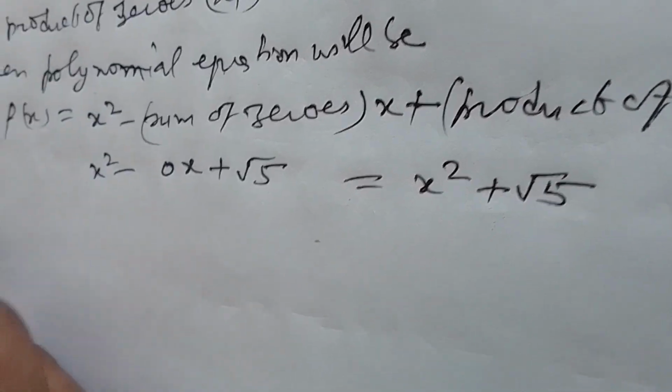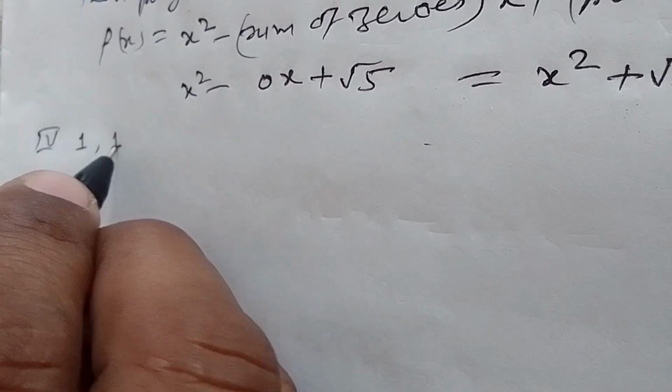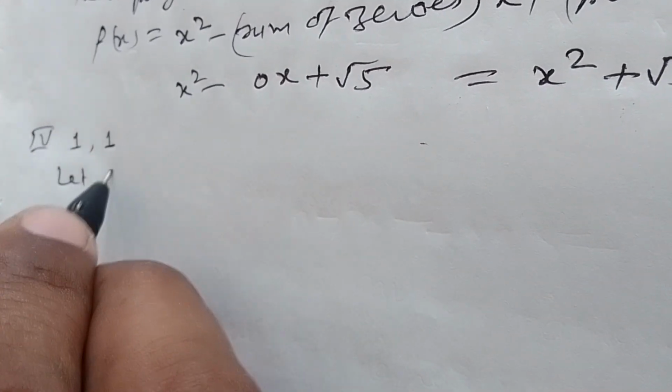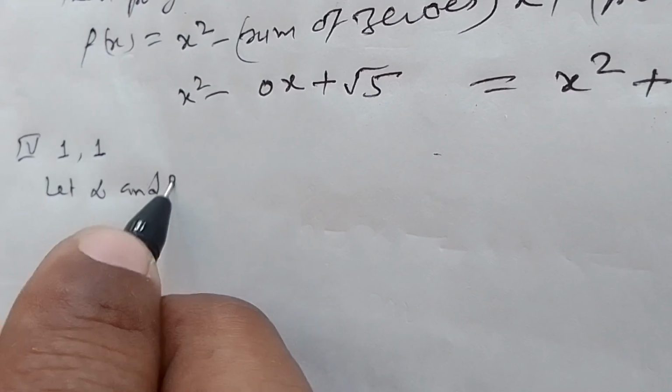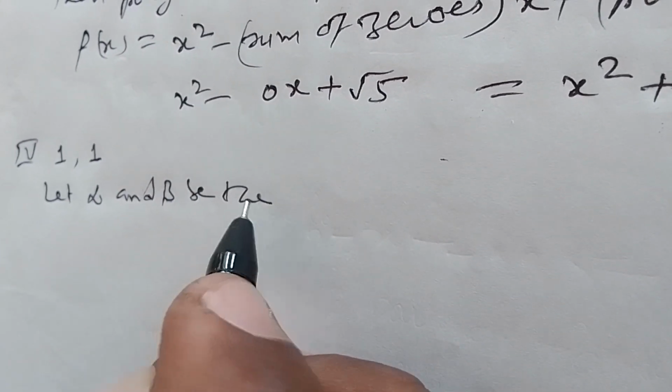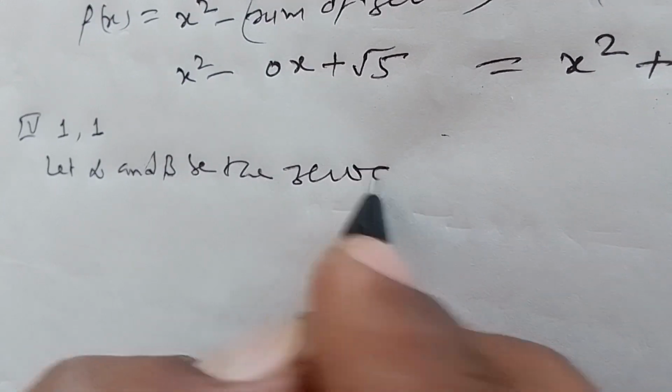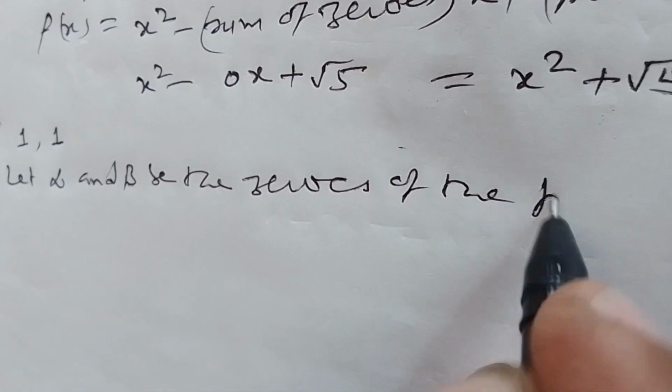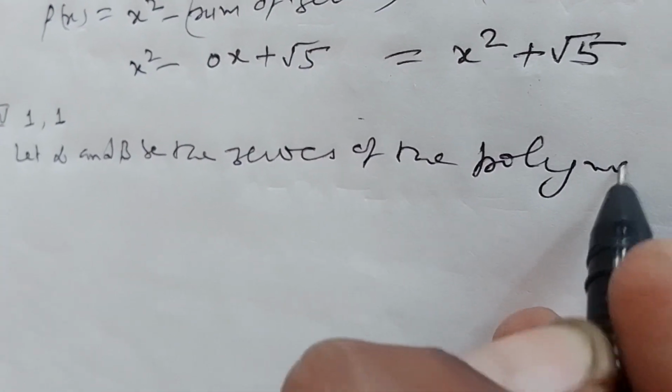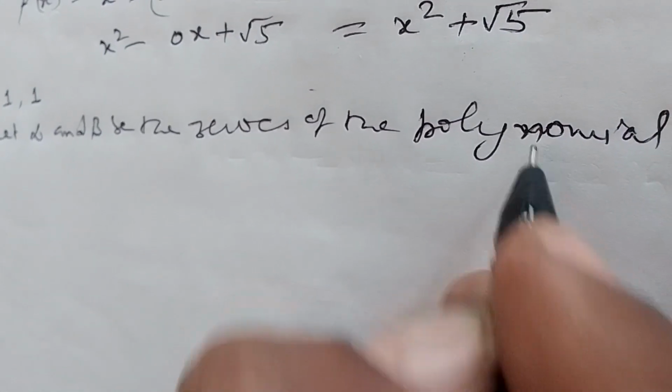Now the fourth part of the question is, we have given sum 1 and product 1. So let alpha and beta be the zeros of the polynomial equation.